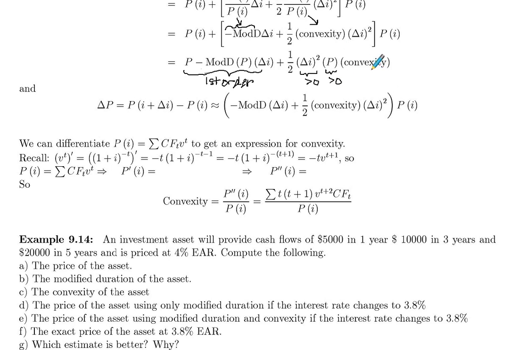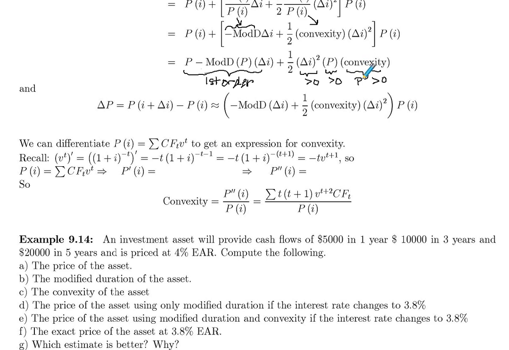And our convexity, okay, well, convexity, remember, is the same thing as concavity, and this curve, the price yield curve, is concave up. So the second derivative is positive because the curve is concave up. This is P double prime, and it is also greater than 0.